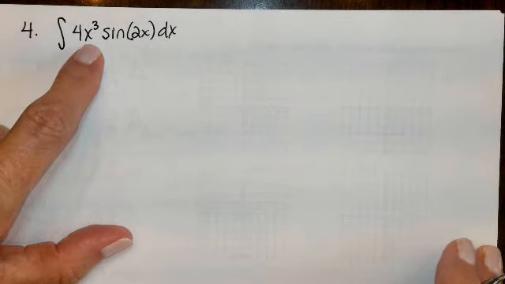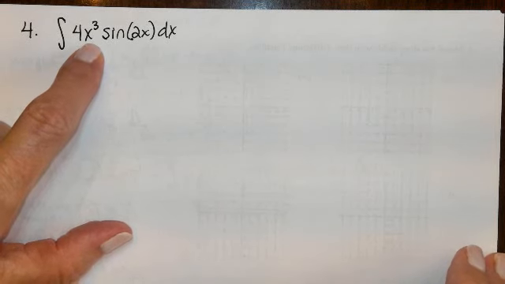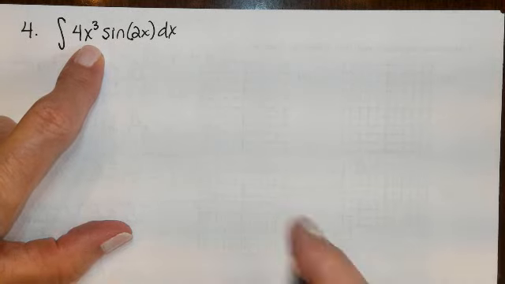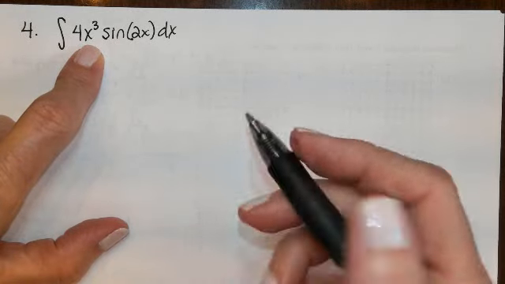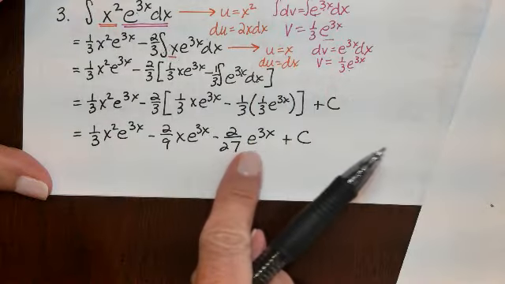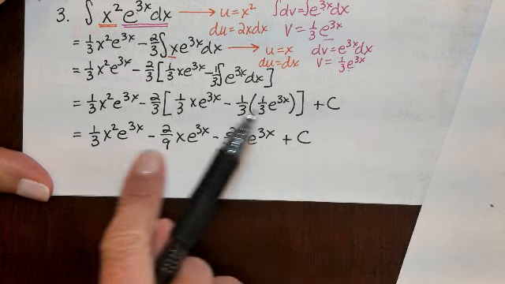Well, when I see this x cubed, I know we're going to need to do integration by parts 3 times, right? You could just go and do the same thing we just did and do it 3 times. But as we saw here, there's a bit of a pattern involved, isn't there?